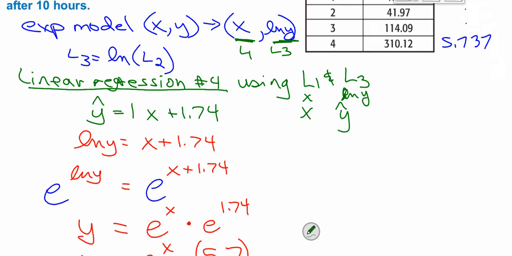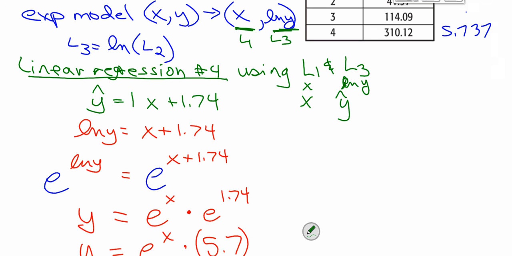Then when you get the linear regression, you use the hats, sometimes on both, sometimes on just one. And then what do you do with the hat? You change it to ln, or in one case to the square root of whatever. And then we exponentiated, right?